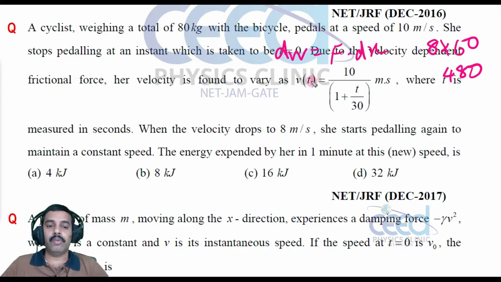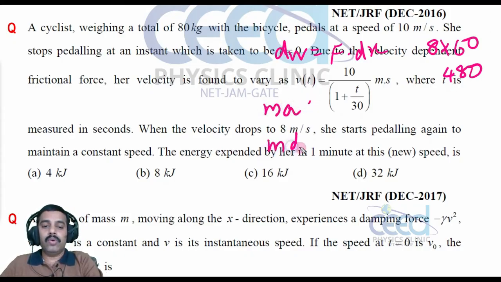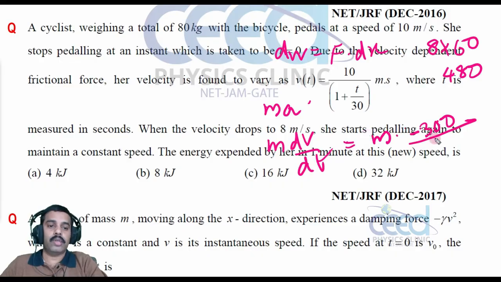So we have what we need to solve the force. All right. What is the force? Force is equal to ma, right? F is equal to ma. That is m into dv by dt, right? So that is m into minus 300 divided by the differential of this, that is 1 plus t by 30 the whole square, right?